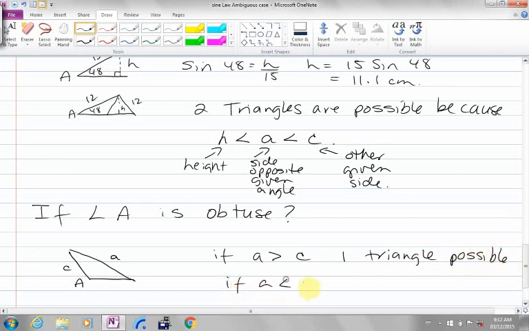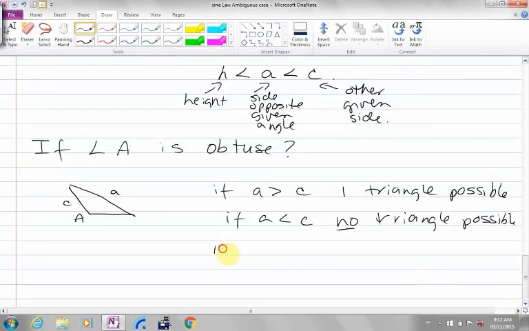If A is less than C, no triangle possible. But it's impossible to have two. So I just wanted to talk about this because sometimes A will be obtuse, and so all the other conditions we just talked about become a little bit different.